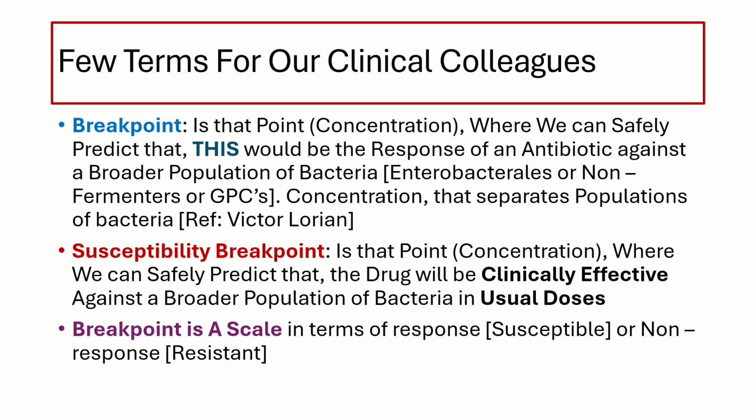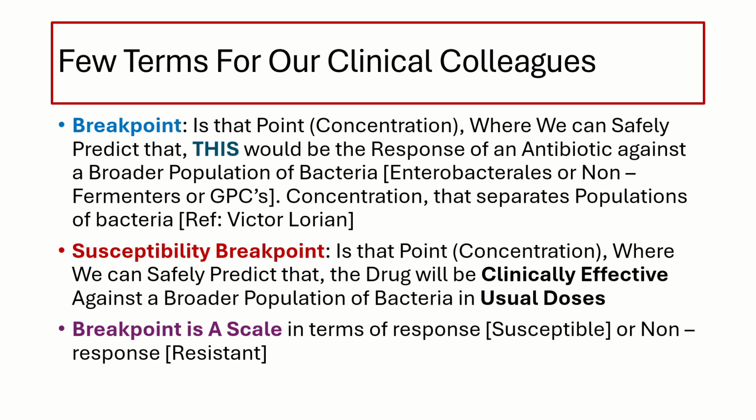A breakpoint is a concentration where we can safely predict the response of an antibiotic against a broader population of bacteria. So a breakpoint is just a scale, where we decide that above this it is resistant and below that it is susceptible. It is basically a concentration that separates the various populations of bacteria, and is nicely given in this book by Victor Lorian, which I have referred to.